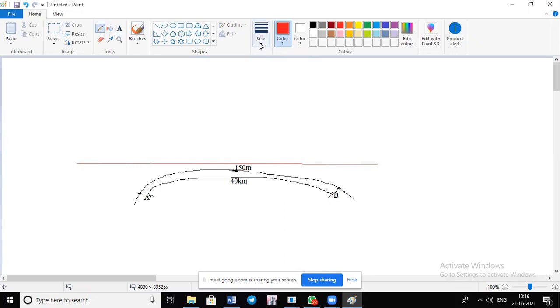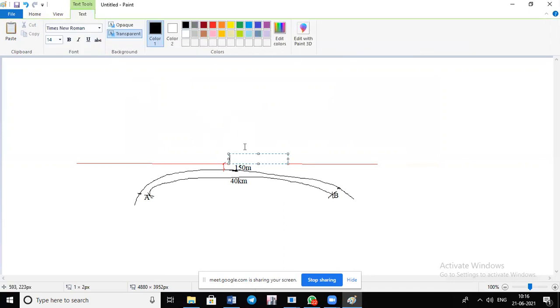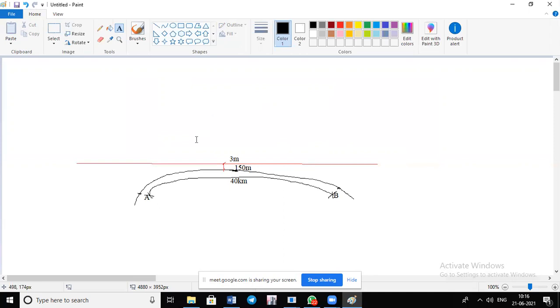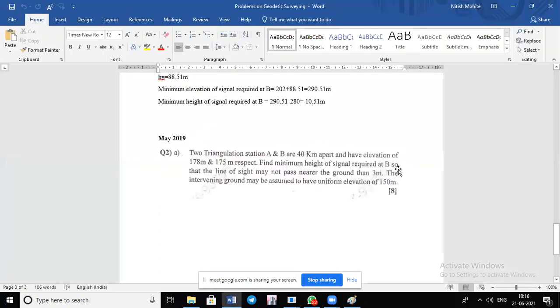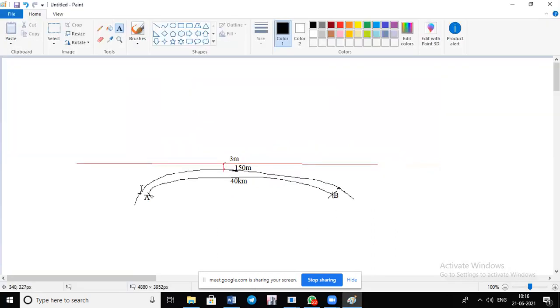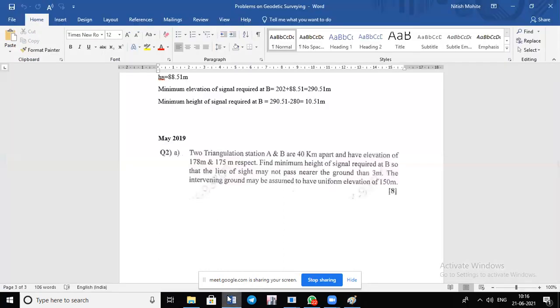This distance is nothing but 3 meter. Now they are asking what should be the minimum height of the signal required at B so that the line of sight may not pass nearer the ground than 3 meter. With respect to A, the way we solved the problem previously, we are going to solve it. At A, what is the height? The elevation is 178 meter.